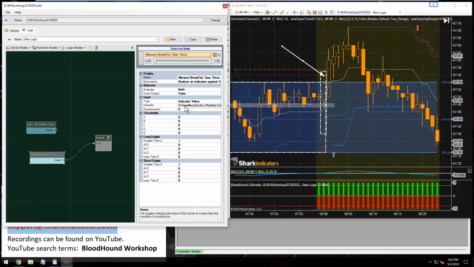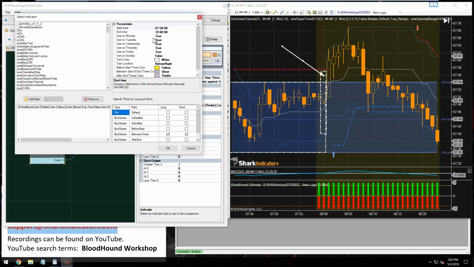So let's take a look at the indicator settings. We set a start time of 7:59. We put an end time of 10 a.m. And we want to know the period, or the bars between those times. We want to identify the bars between the start time and the end time. So that is what is selected there.